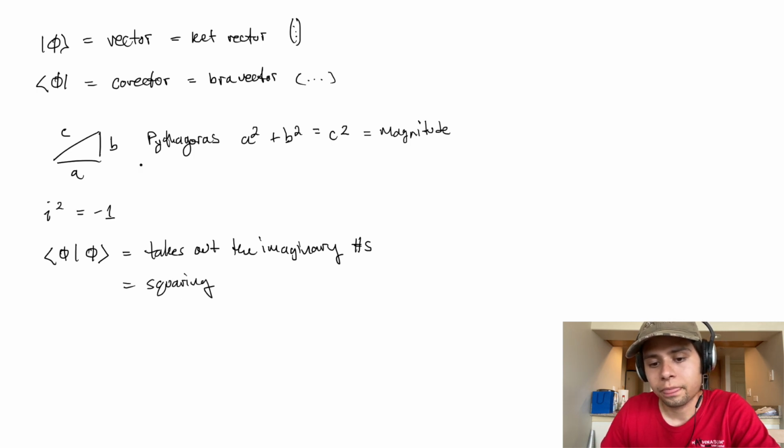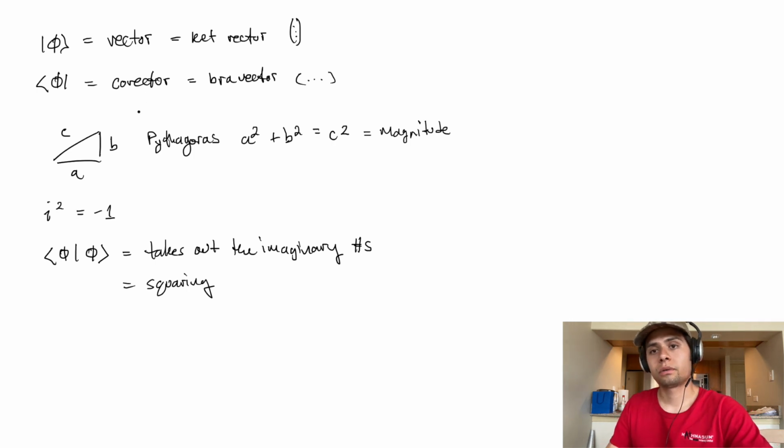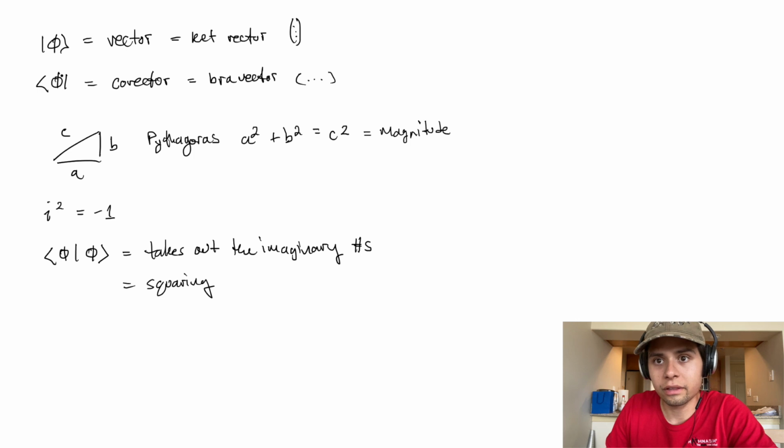And so when we apply a covector to a vector, we're squaring the vector, and we're getting an interesting property out of that vector that is ultimately going to be invariant.